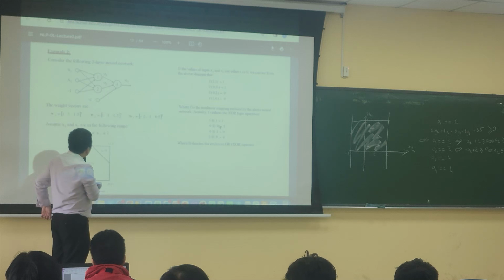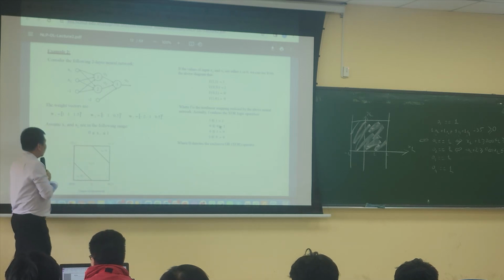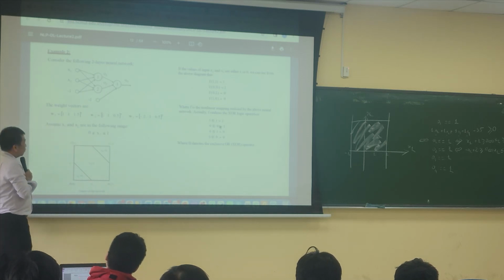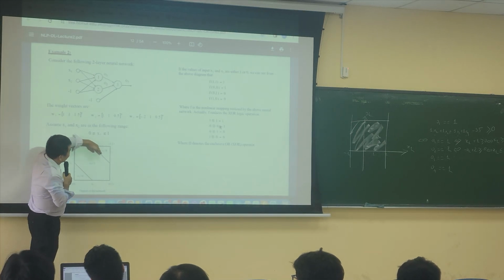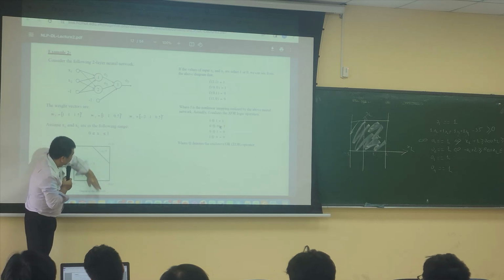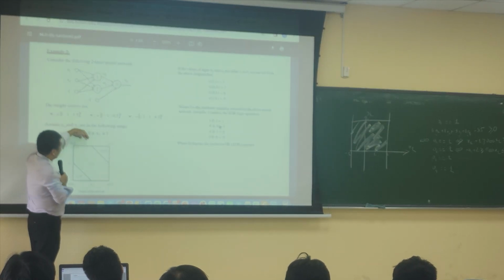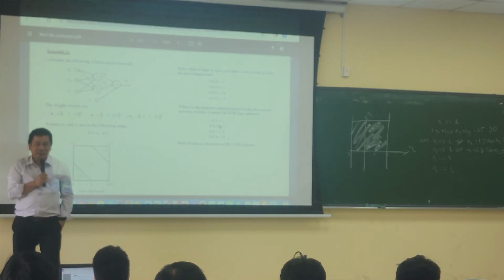Now when you solve the problem in a similar way, you will get that the region will be between the two lines here. You can solve the problem yourself if you are interested.